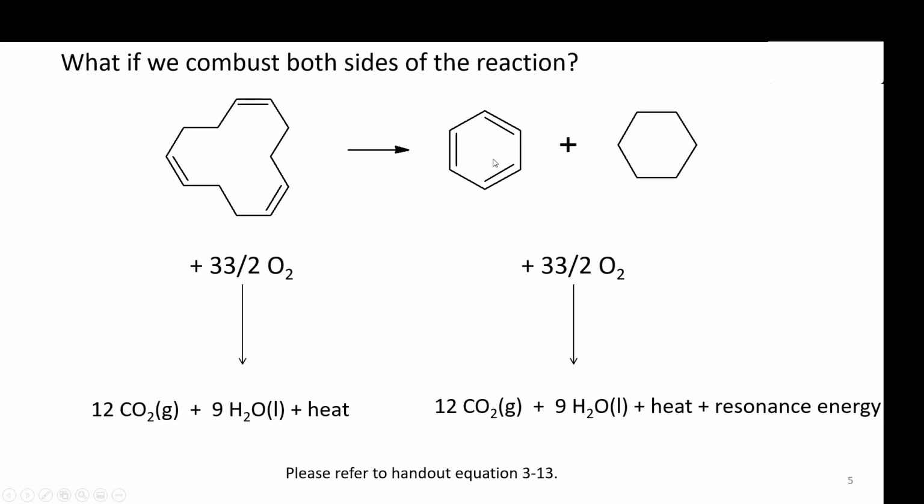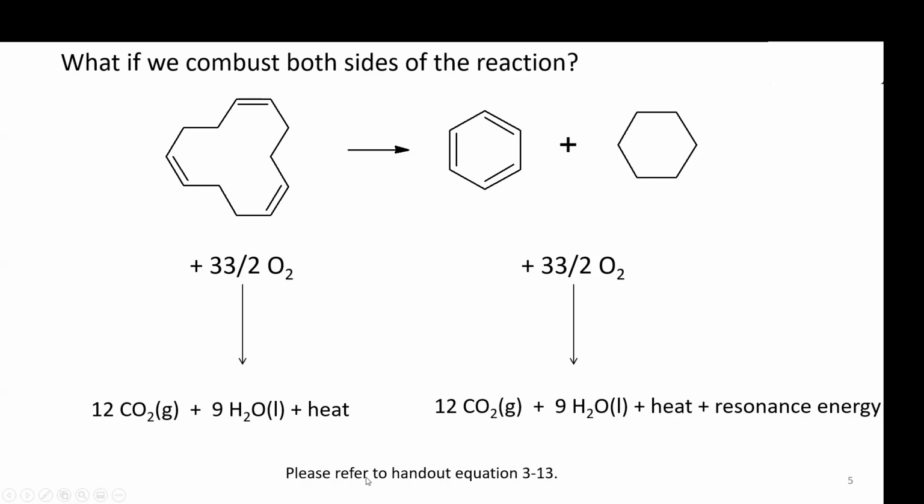If we supply enough oxygen, the final products for benzene combustion will be carbon dioxide and water. And the final products for cyclohexane combustion will be carbon dioxide and water as well. So in the end, they will have the same product. However, the energy difference we're going to look at will be the resonance energy. So we can use Hess's law to calculate the delta H for this hypothetical reaction.